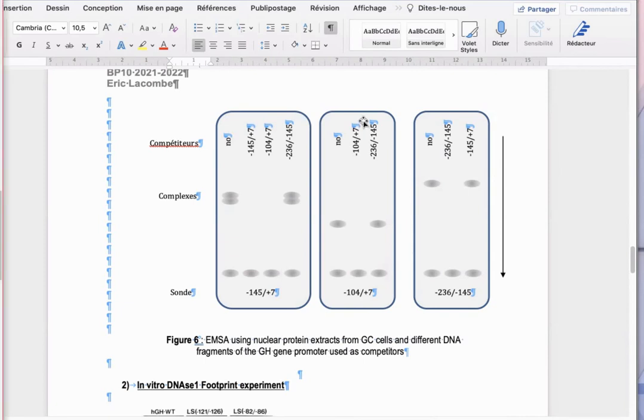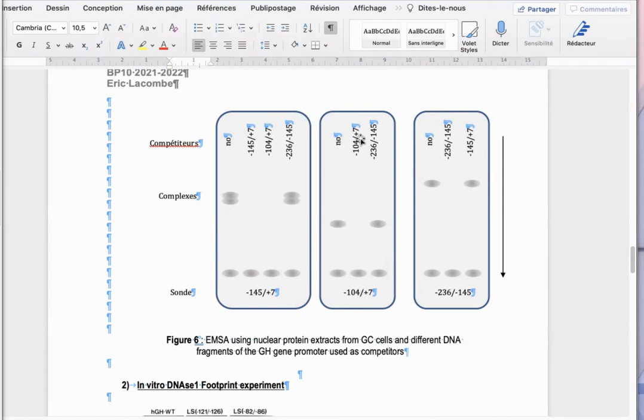So the code for reading this figure: at the bottom, this is the piece of DNA which is used for the probe. So this EMSA experiment used the fragment -104 as a probe.